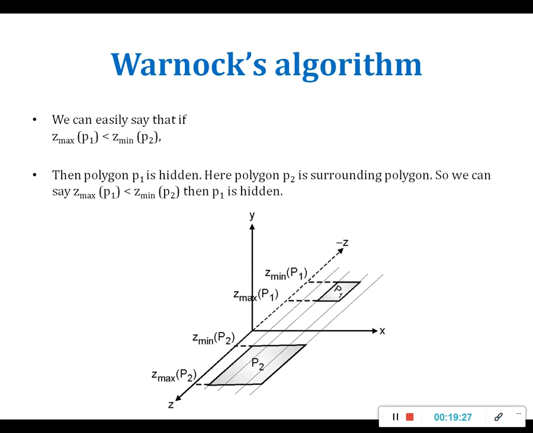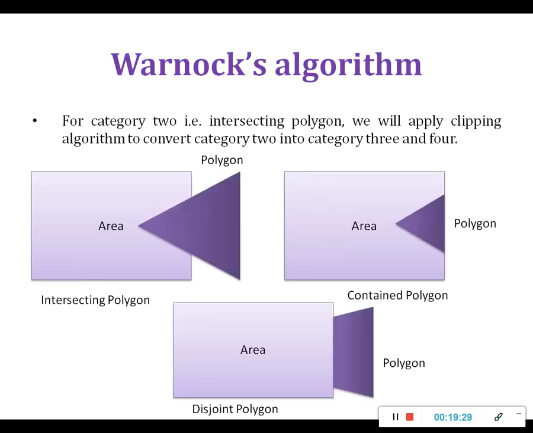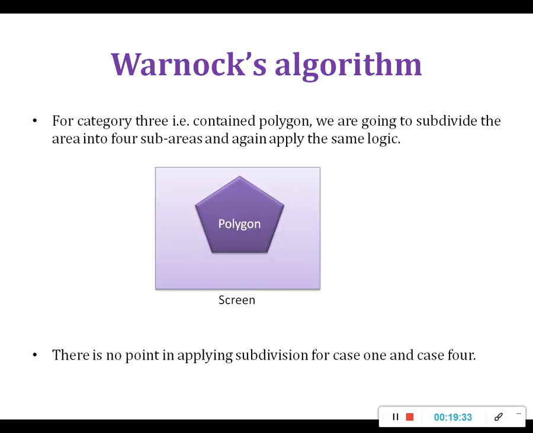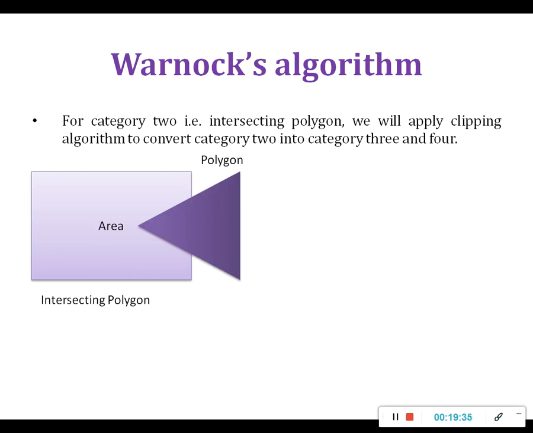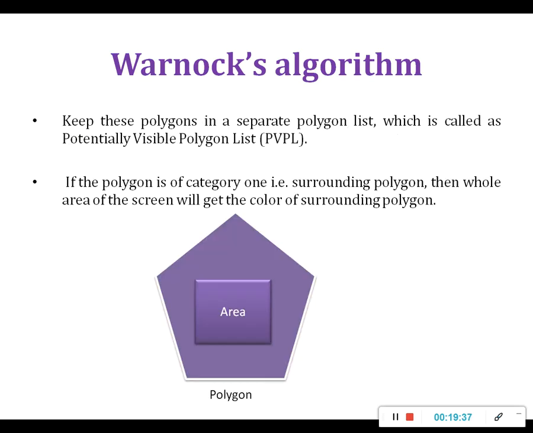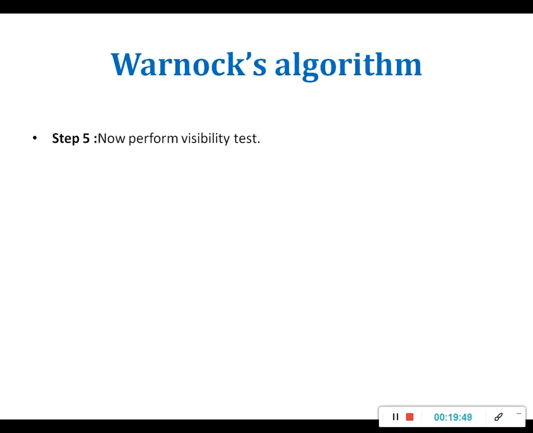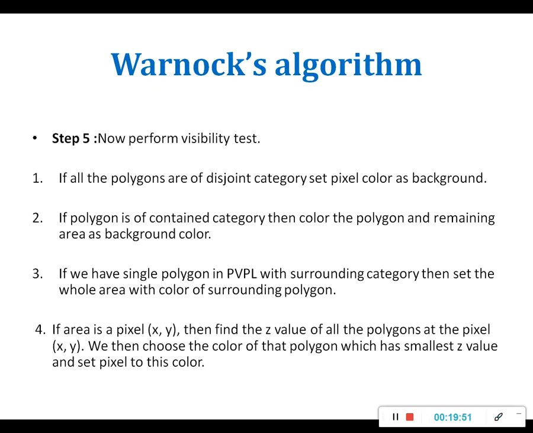If we want to see it again, here we have seen that concept. So this is the surrounding example, and in that the area is getting the color of the surrounding polygon.